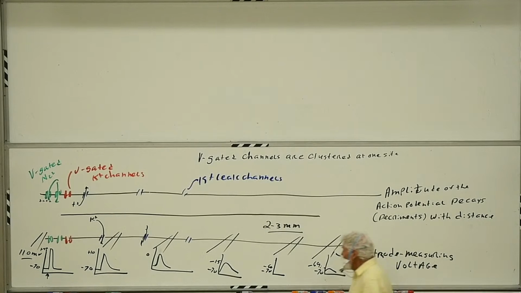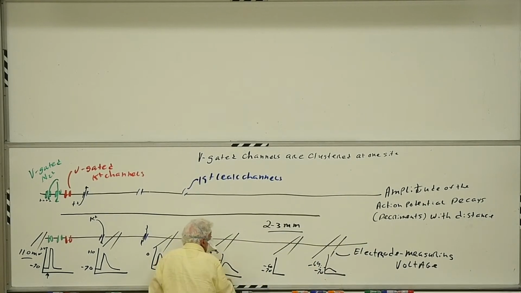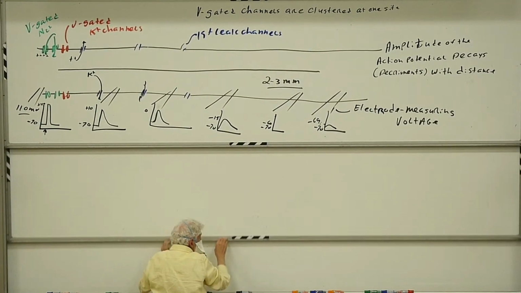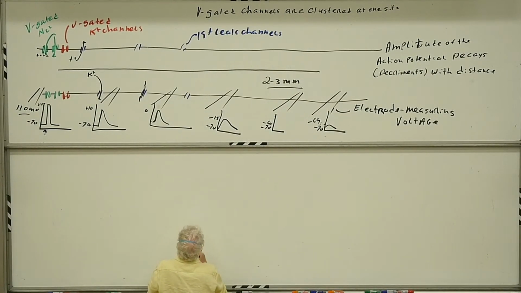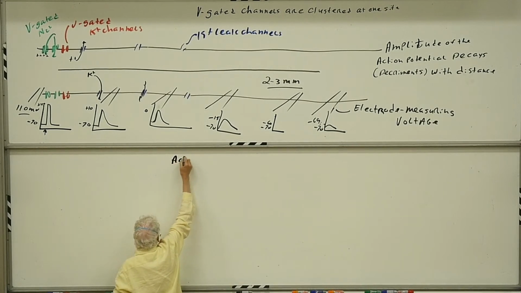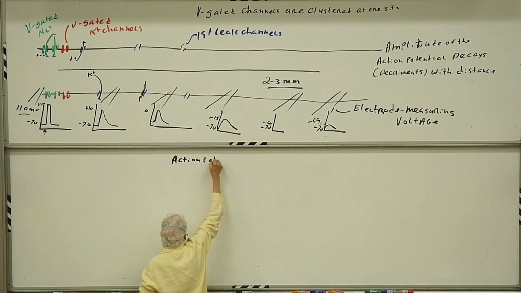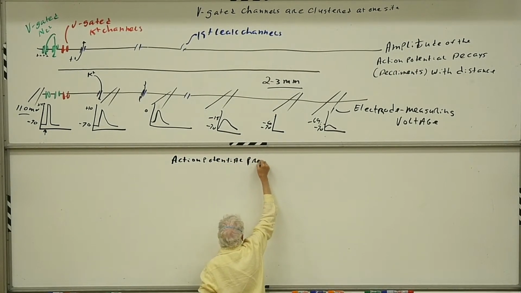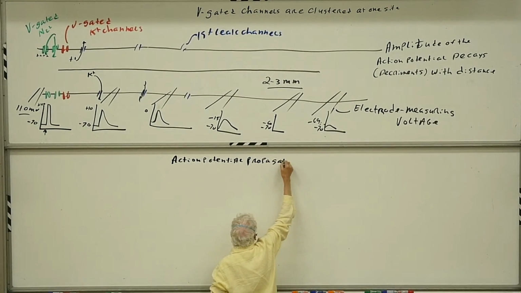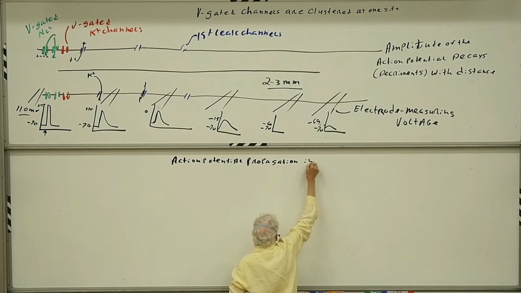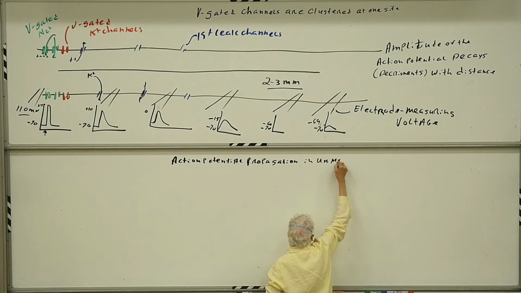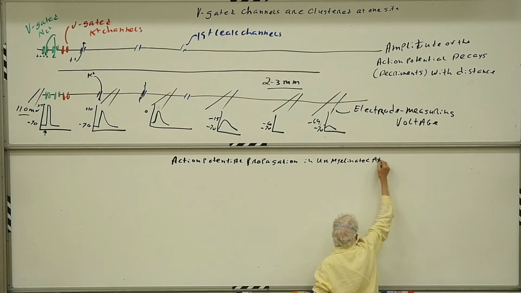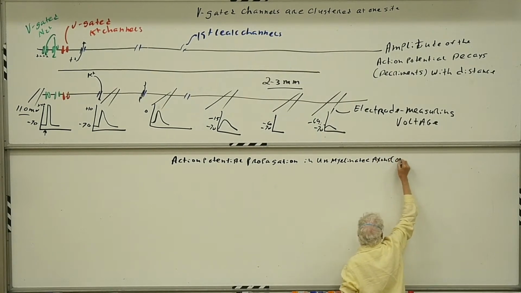So in the next panel, we can describe this as action potential propagation in unmyelinated axons.